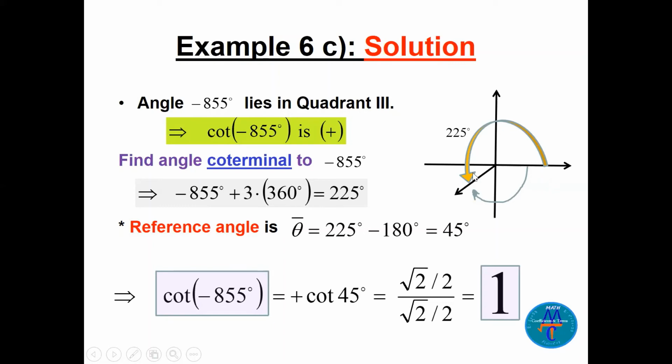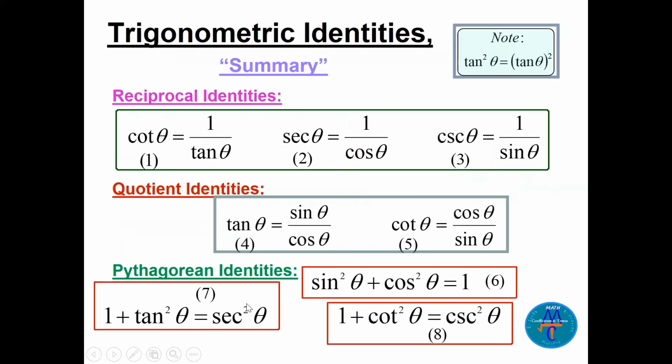This is the angle now, and it lies in quadrant 3. So the reference is 225 minus 180, which is 45. Cotan is positive in quadrant 3, so it is positive cotan of the reference. Cotan 45 is 1, so plus 1. Even if the angle is minus, it lies in quadrant 3.